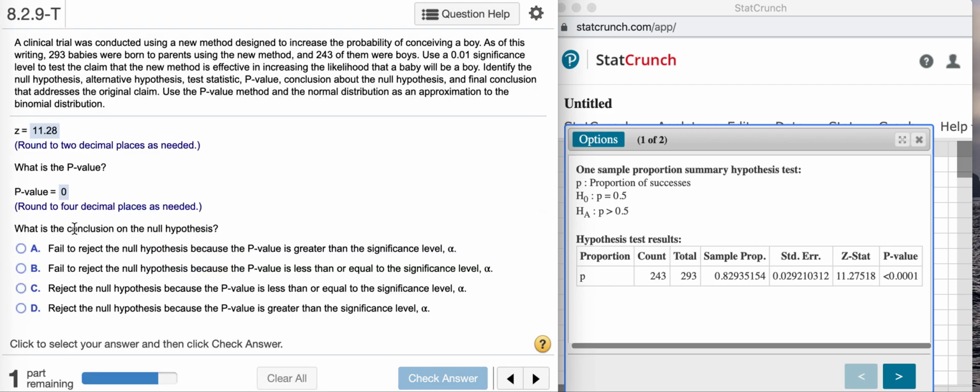And so what is the conclusion? Well, since the p-value is definitely less than 0.01, we're going to reject the null hypothesis. So reject the null hypothesis because the p-value is less than the significance level.